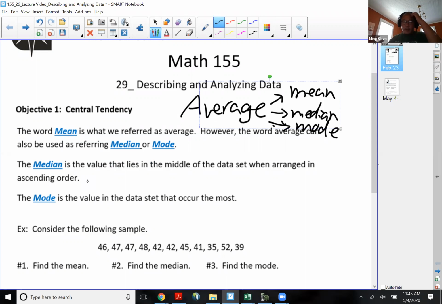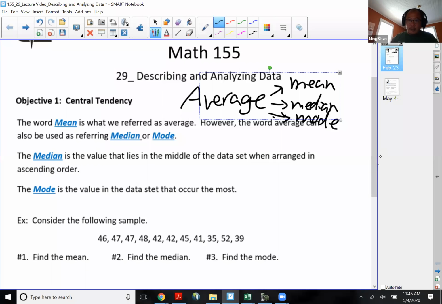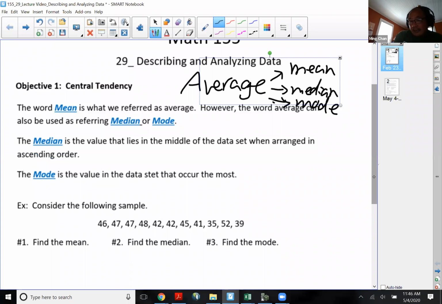Why does the median have to do with central tendency? Central tendency means what lies in the middle. Imagine there are 10 of us in a class, rather than just 5.